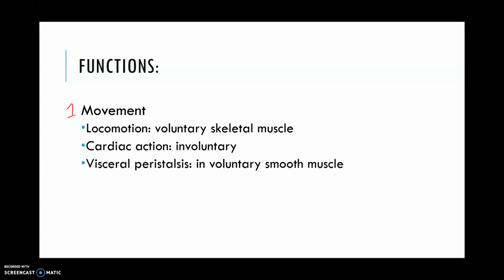That's our involuntary cardiac muscle. And then visceral peristalsis, that's the movement of our intestines and moving all of that food through our body. And that's going to happen with our involuntary smooth muscle here.